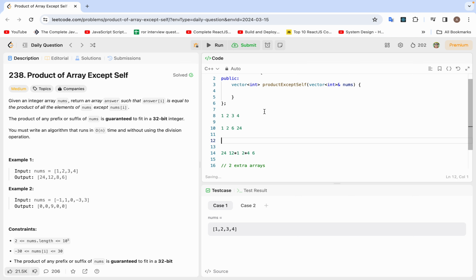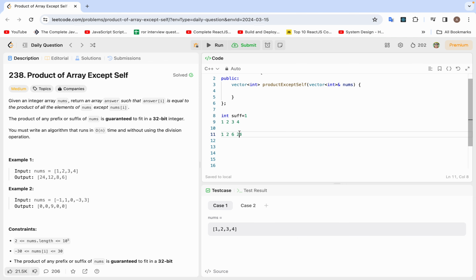Let's take a variable suffix, which is initialized to 1. This prefix array we have stored in an array. Now from the last, we can multiply by this suffix value and store the value in our answer.